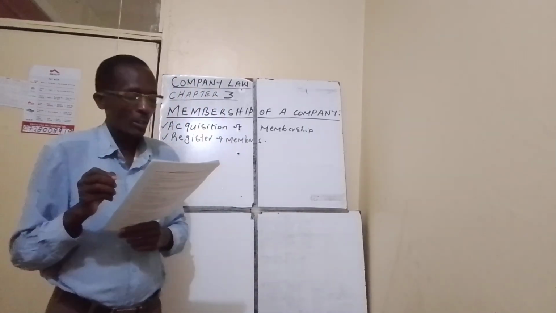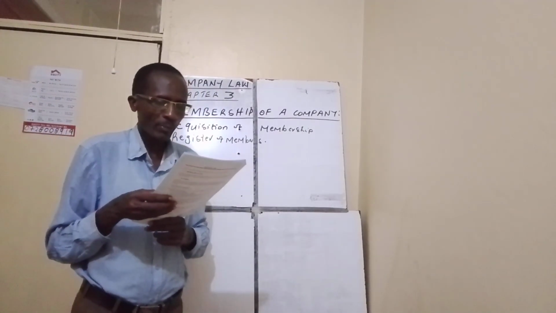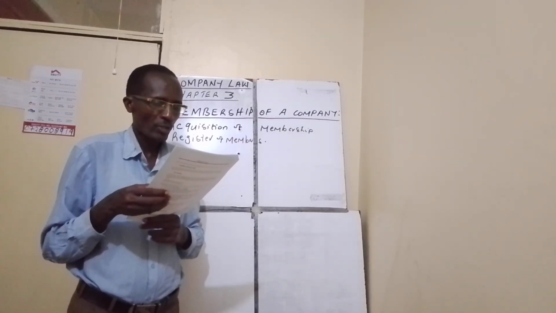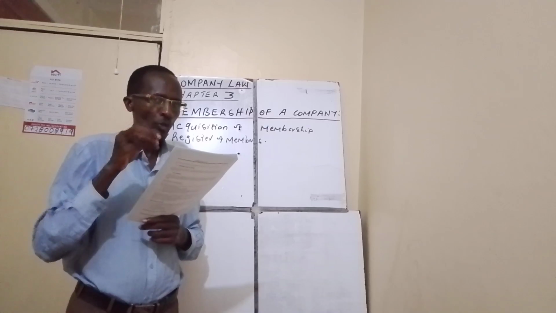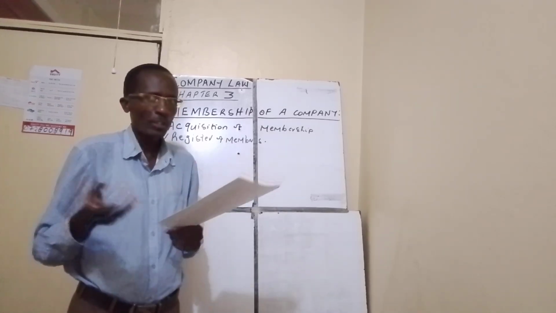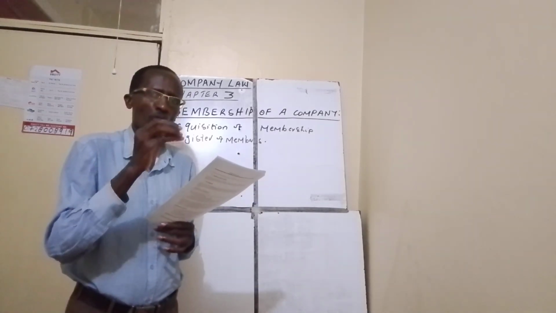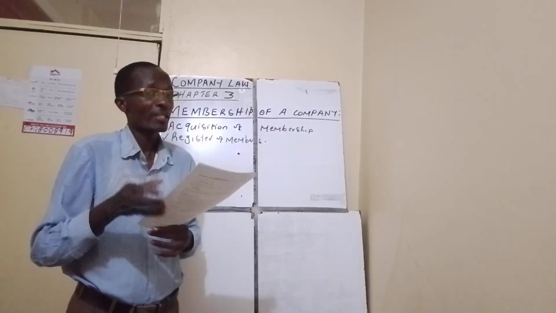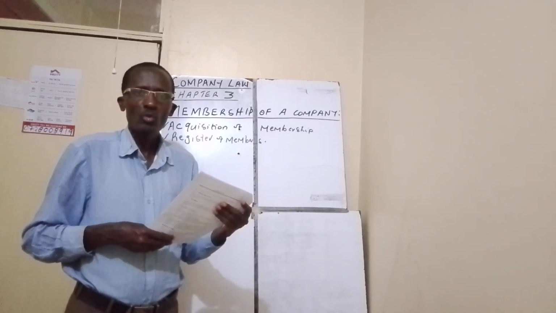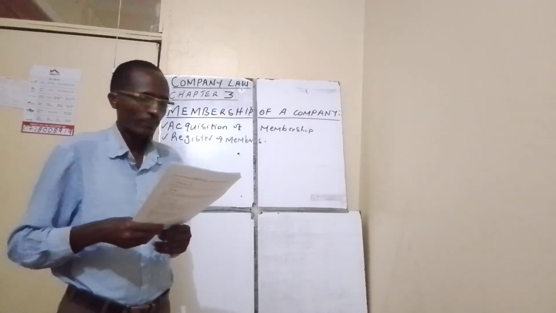Number 2, default is made or unnecessary delay takes place in entering in the register the fact of any person having ceased to be a member. So you cease to be a member, maybe through death or through bankruptcy or through whatever reason, but your name continues to be in the register of members. In that case, the High Court has powers to ensure that that particular name is removed from the register.